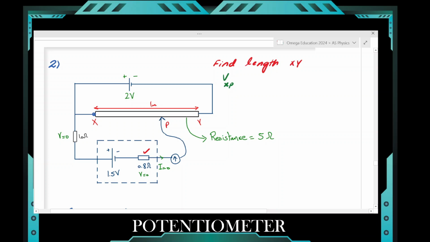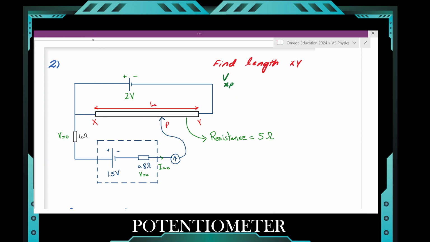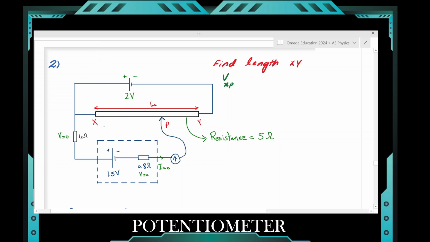The current flows through here, goes through the resistor, goes to the point X, comes to the point P, and it has to go to the other part of the battery now. It goes through the galvanometer, but the problem is there is no current in the galvanometer. So we'll have to say no current is flowing through this resistor as well. So what does that mean? It means the voltage across xp is also 1.5 volts.